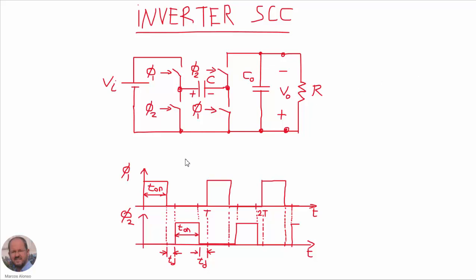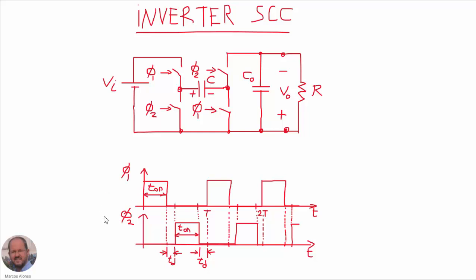Remembering the operation of the inverter SCC, we have in total 4 switches. We have this switch here on the top and this other on the bottom that are controlled or driven by the signal phi1, and the other two are driven by the signal phi2.